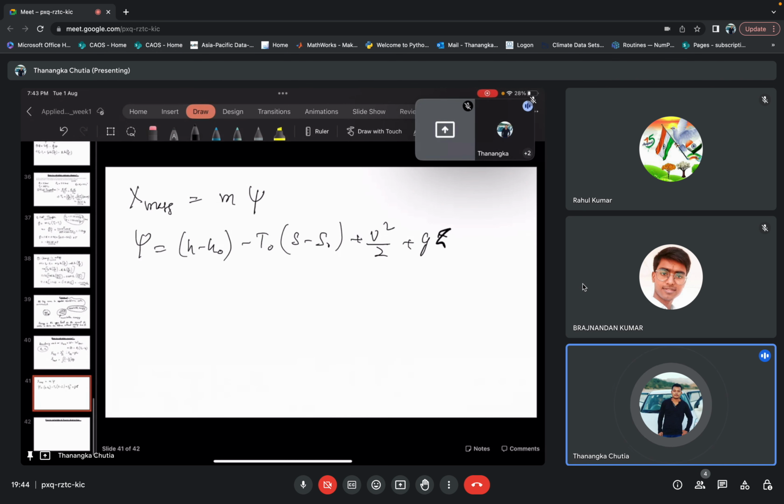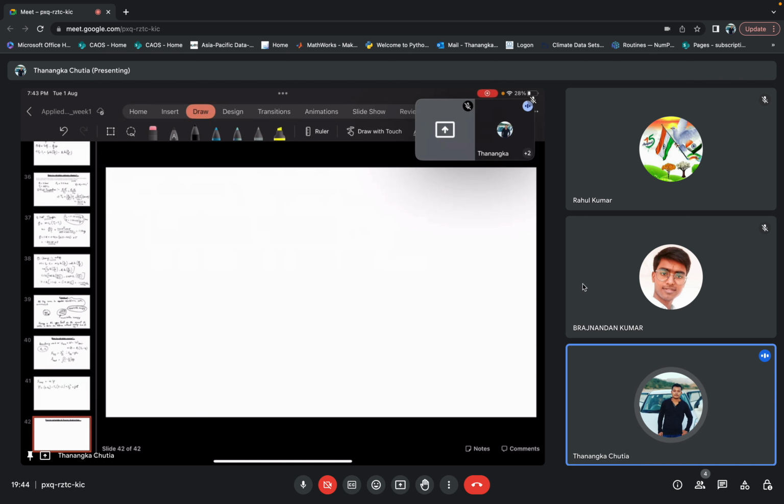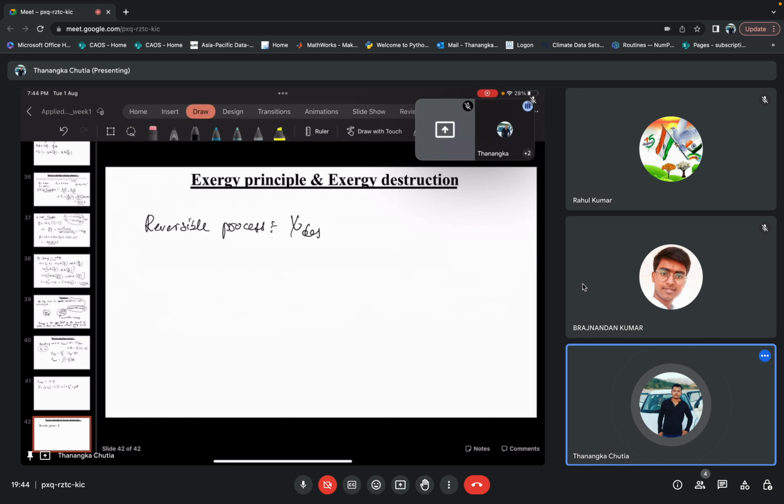So quickly go through the last topic of today's talk, that is your exergy principle and exergy destruction. What we have learned about the entropy principle, this is just like the opposite of that. Just like the entropy of the universe tends to increase, the exergy tends to decrease. This exergy principle tells us that for a reversible process, exergy destroyed is equal to 0.